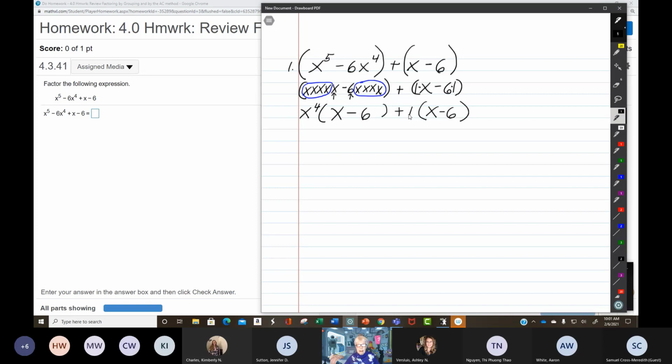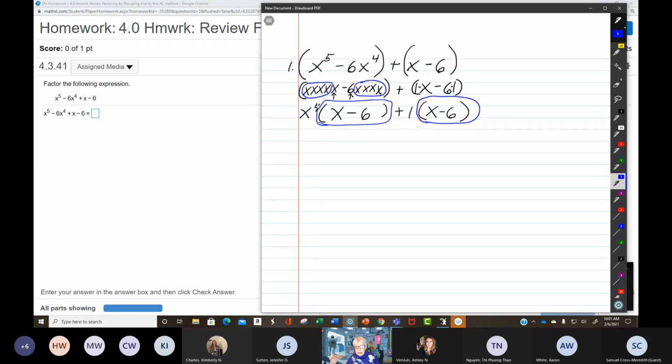Now we consider the entire algebra statement here, and notice that you have an x minus 6 and an x minus 6. And they're connected with a plus in the middle.